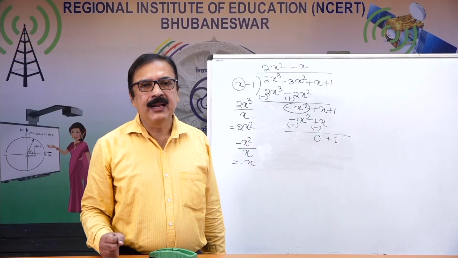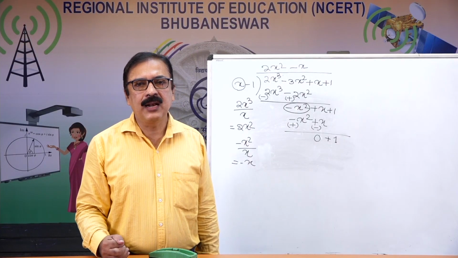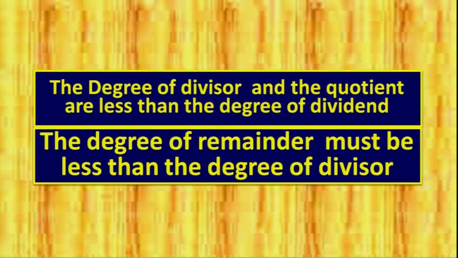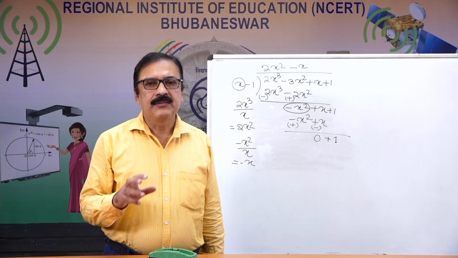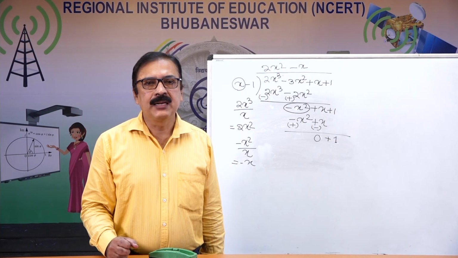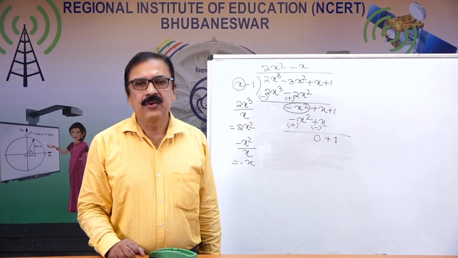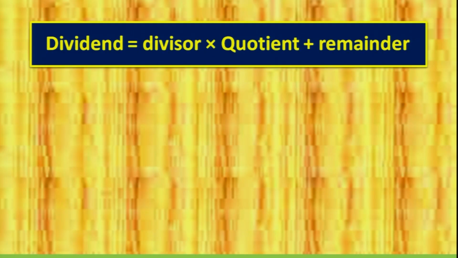So we can write the degrees of divisor and quotient are less than the degree of dividend, and the degree of remainder must be less than the degree of divisor. So let's generalize it. Dividend is equal to divisor into quotient plus remainder.